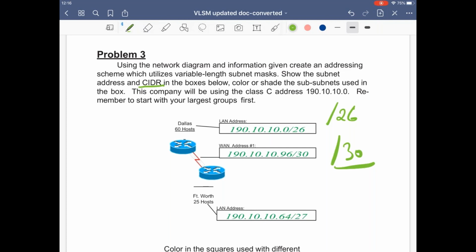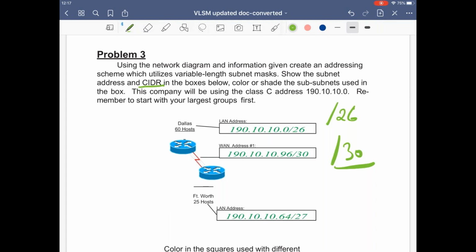In this case, only the last 2 bits are 0. The first 6 bits are 1 for network 3 because 2 to the power 2 minus 2 will give us the valid hosts. So only 2 bits are 0 at the end.